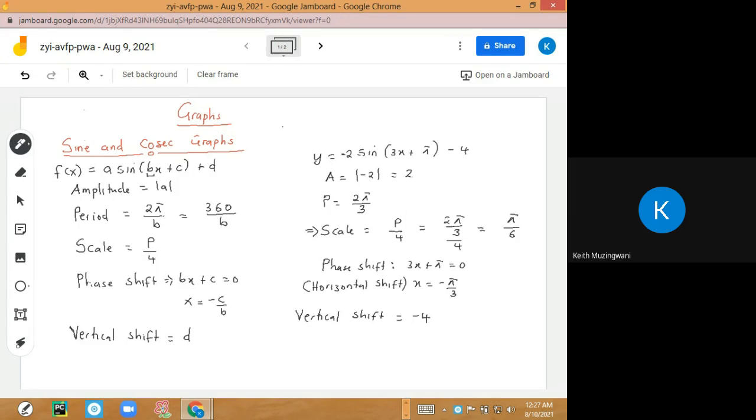When I want to sketch, I'll divide the period by 4, because the sine graph has 4 critical points apart from the starting point. The starting point will always be the horizontal shift or phase shift, obtained by equating bx plus c to 0 and solving for x.